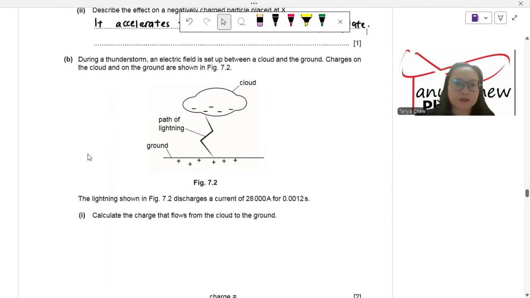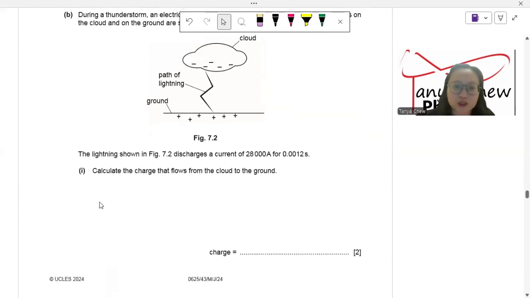B, during a thunderstorm, an electric field is set up between a cloud and the ground. Charges on the cloud and on the ground are shown in Fig 7.2. The lightning shown in Fig 7.2 discharges a current of 28,000 ampere in 0.0012 second. First part, calculate the charge that flows from the cloud to the ground.